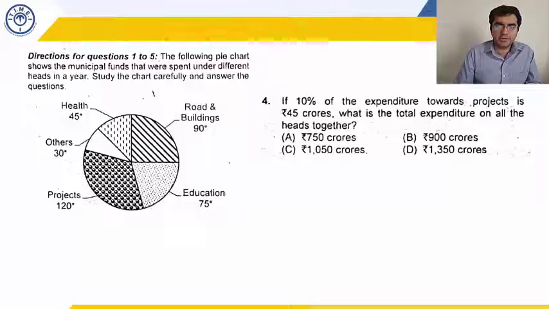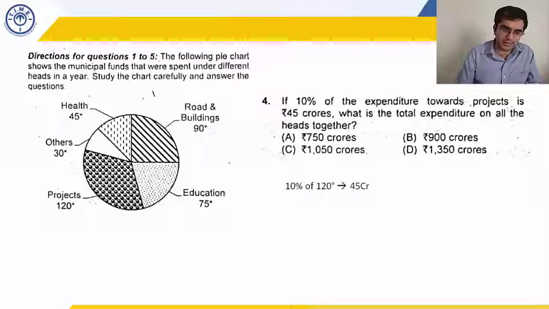10% of the expenditure towards projects. What is in projects? 120 degrees. 10% of that corresponds to 45 CR. So that means 12 degrees corresponds to 45 CR. What is the total expenditure on all the heads? What do you have to find out? Total expenditure on all the heads will be 360 degrees. 12 degrees is 45 CR.